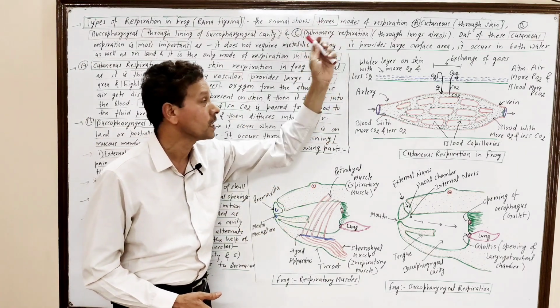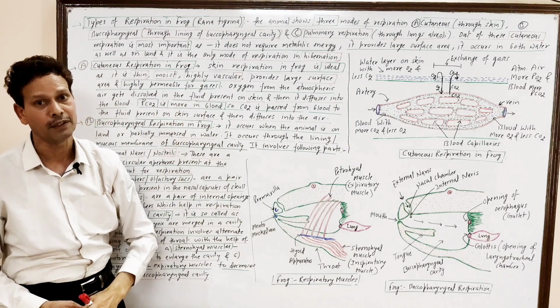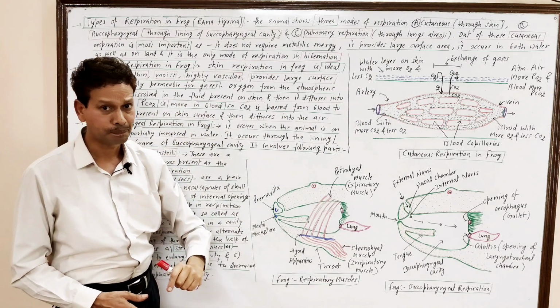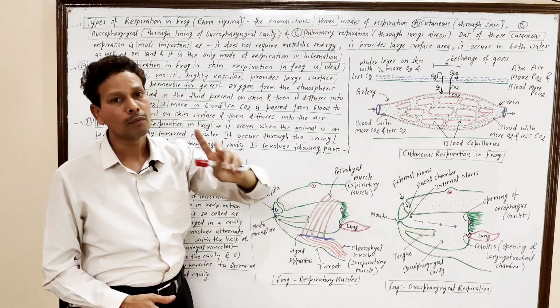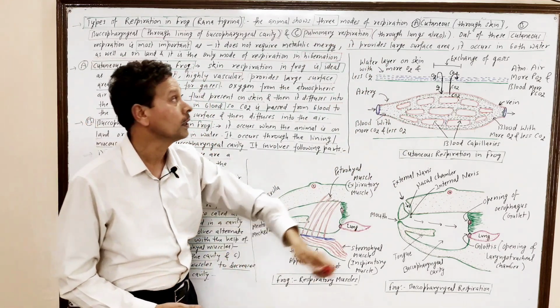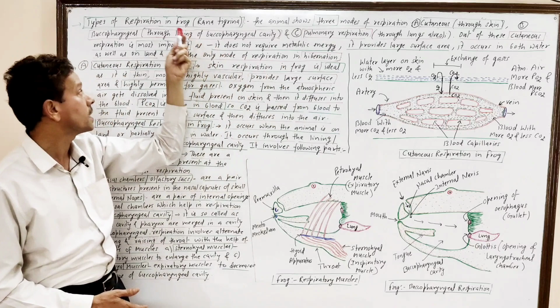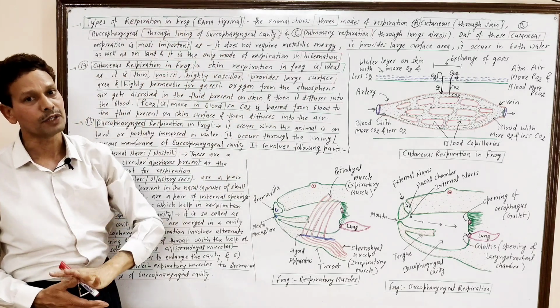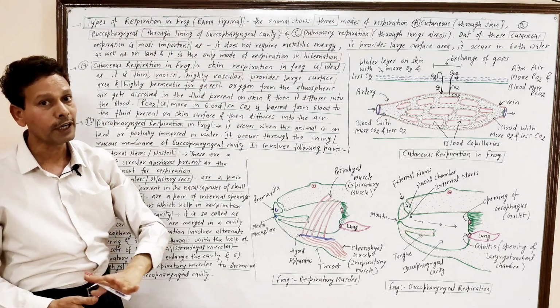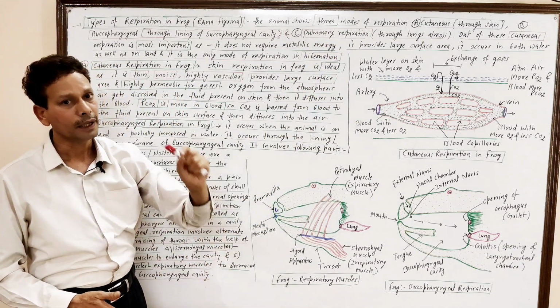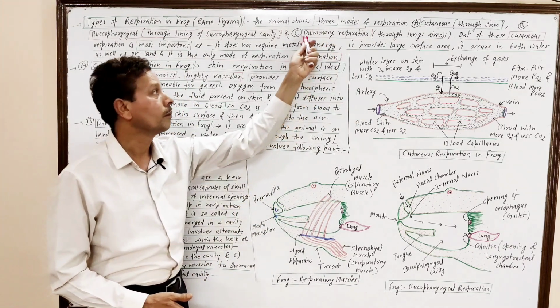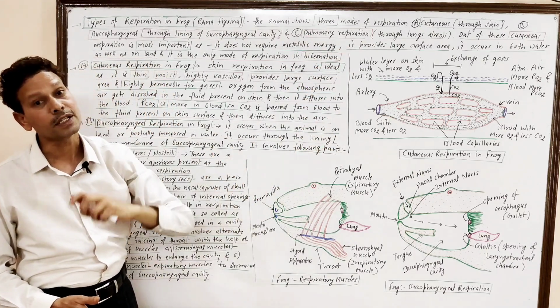Otherwise, pulmonary respiration through lungs is less frequent. It occurs when more oxygen is required.